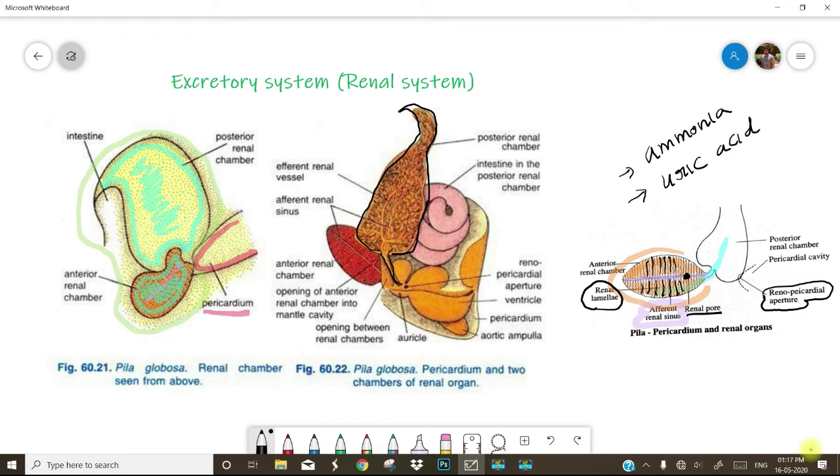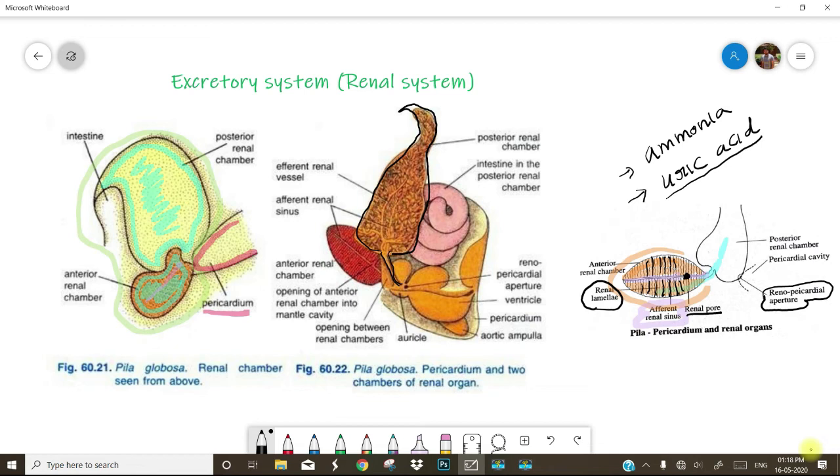Instead, it eliminates nitrogenous waste in the form of uric acid. So on land, it is uricotelic, and in water, it is ammonotelic. Okay, so that difference you have to keep in your mind. When in water, it is ammonotelic in nature, and when on land, it is uricotelic in nature, because of the need to conserve water.